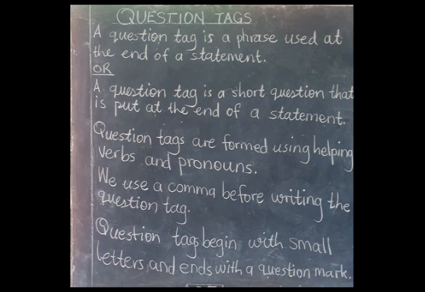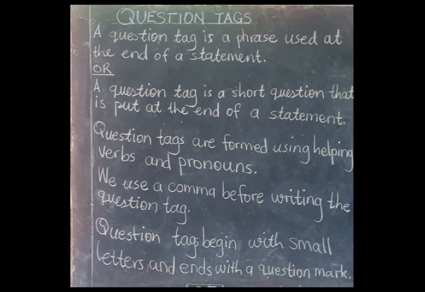No noun is used. So even if they have used a noun in a statement, a question tag is formed using the pronoun that represents the noun used in a given statement. If the noun used is a male noun, then you use a pronoun for a male noun.